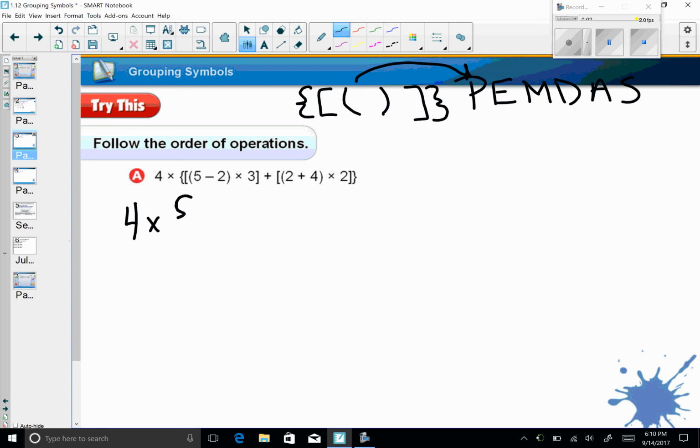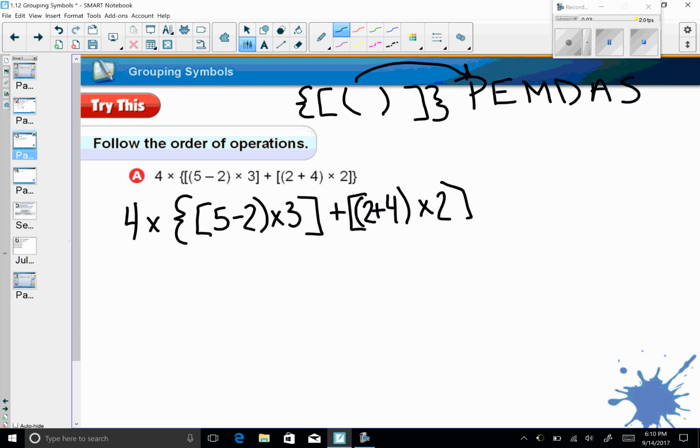I'm going to rewrite the problem so it's larger. As you can see, there are many steps to this particular numerical expression. So it's very important that I keep everything together. So we're going to go ahead and start with my parentheses.